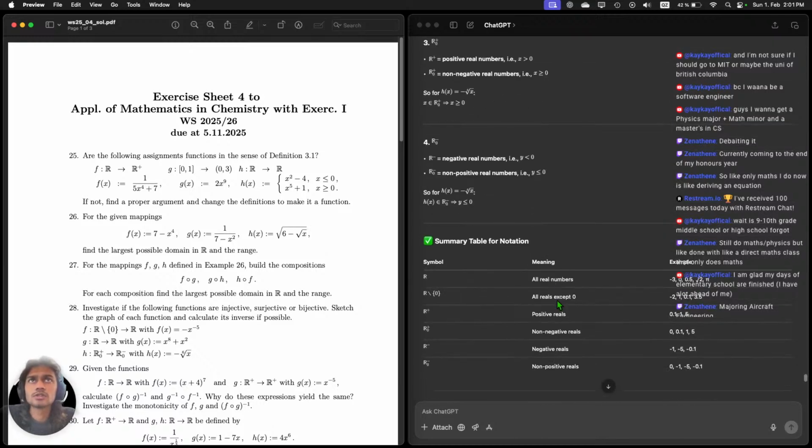Summary table for notations, okay, positive reals. Non-negative reals. 0. Okay, I think here 0 is not included. Okay, that's what the difference is.